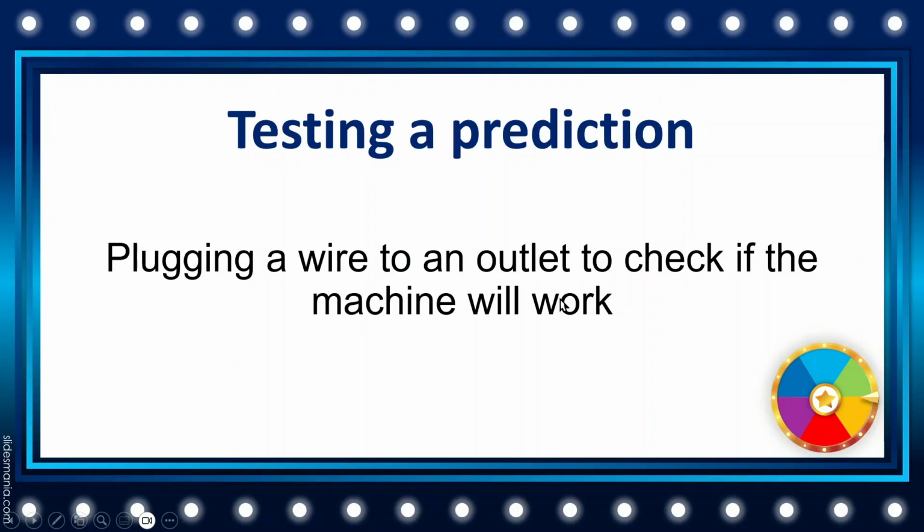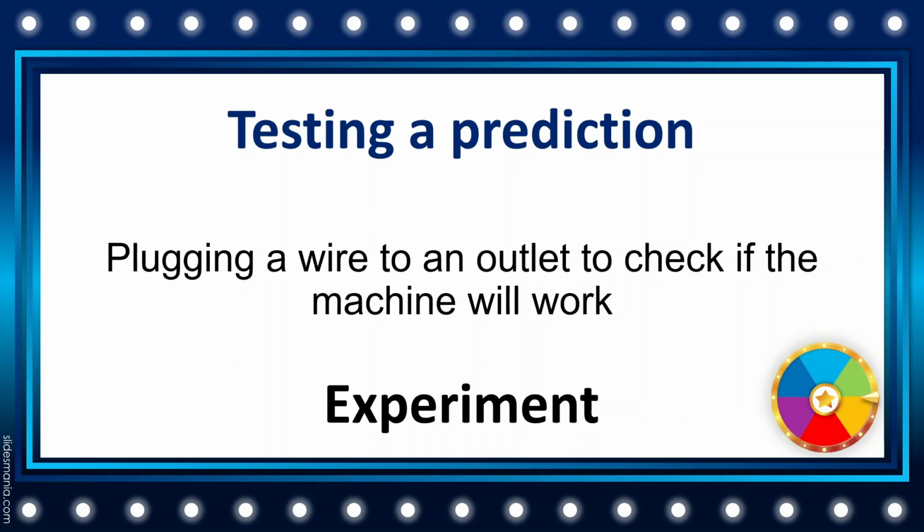How about in science? In relation to testing a prediction, plugging a wire to an outlet to check if the machine will work is what concept when it comes to probability? It is the experiment because it is the thing that we do to check what the outcome will be.